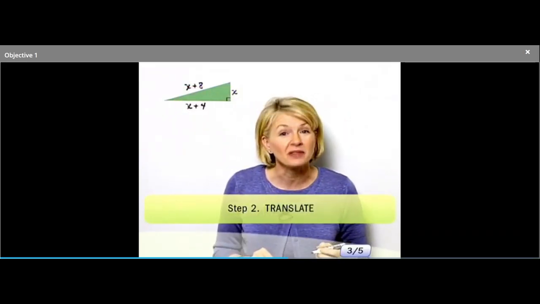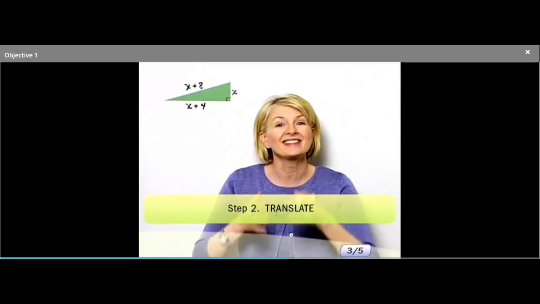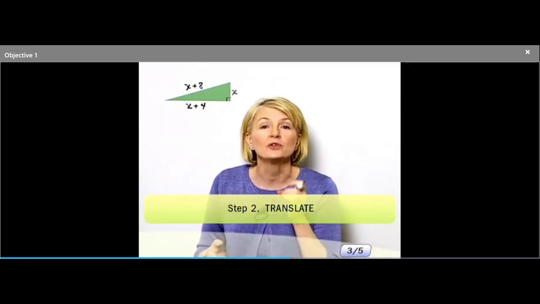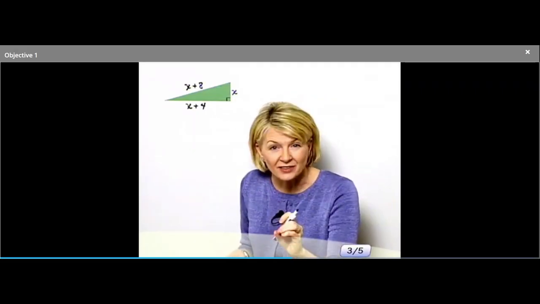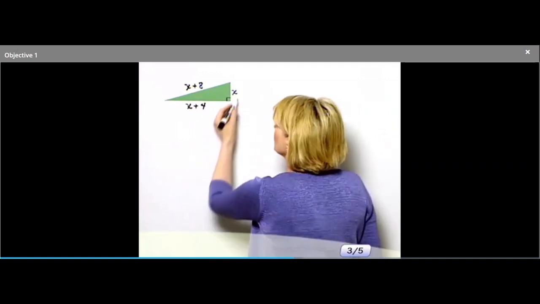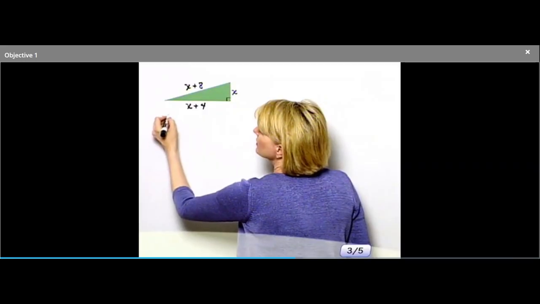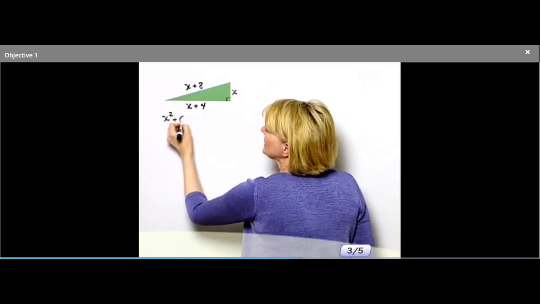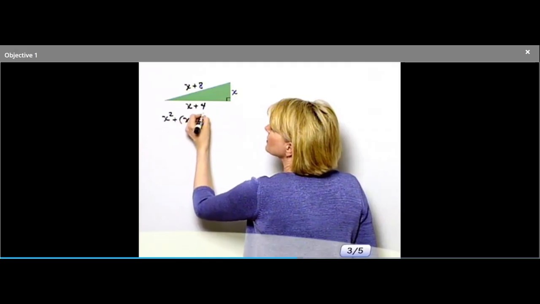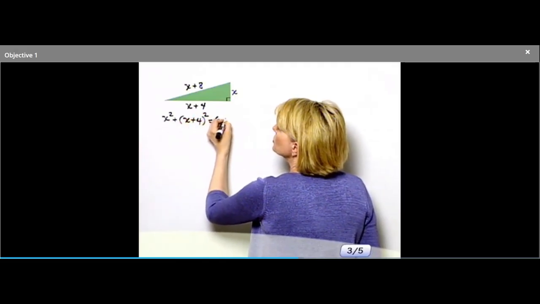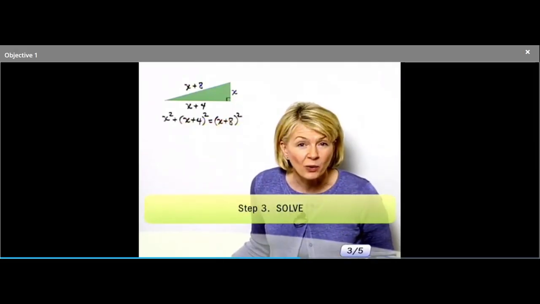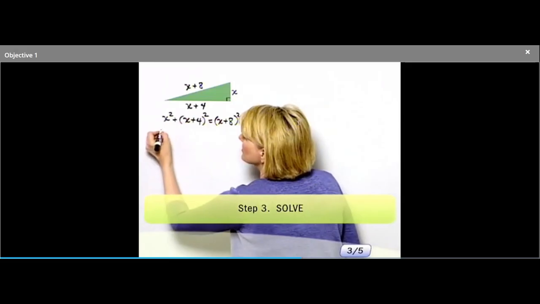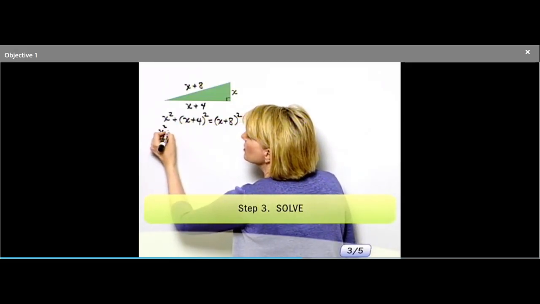And now we'll use the Pythagorean theorem to help us translate to an equation. Do not forget, in the Pythagorean theorem, it's length of leg squared plus length of other leg squared is equal to hypotenuse squared. All right, so length of a leg squared plus length of the other leg squared is equal to length of the hypotenuse squared. There's our equation we'll solve. That is x squared. Now be very, very careful.